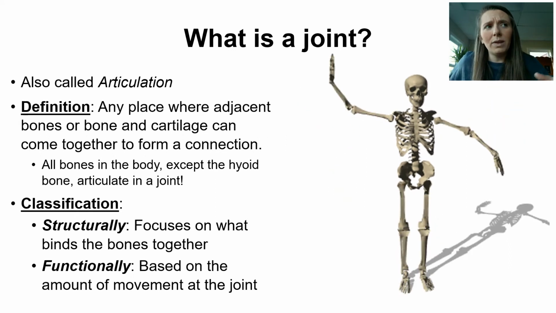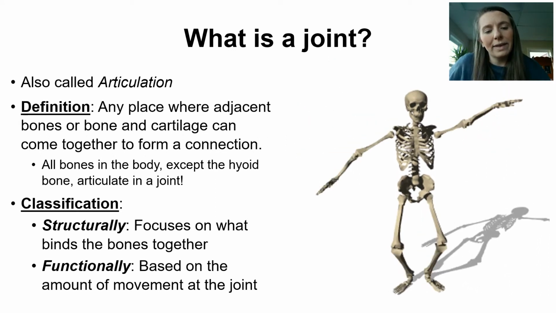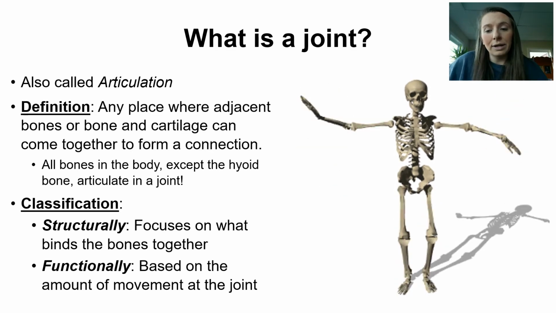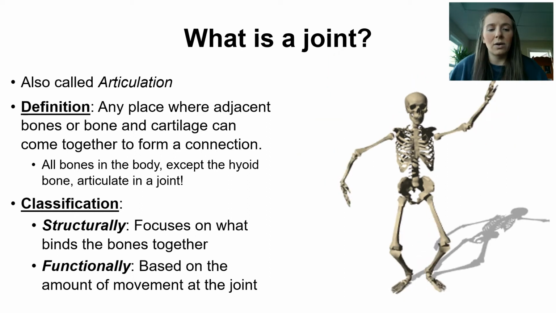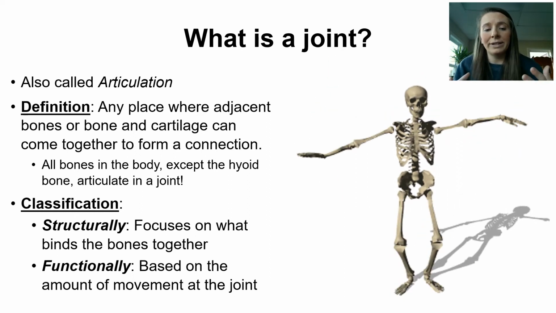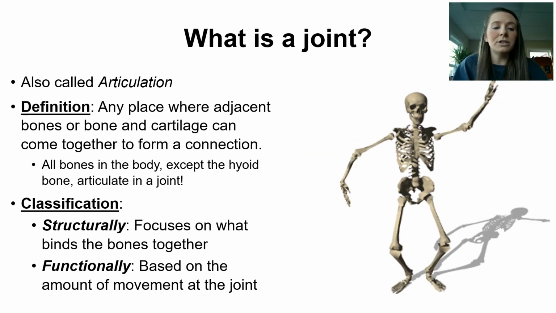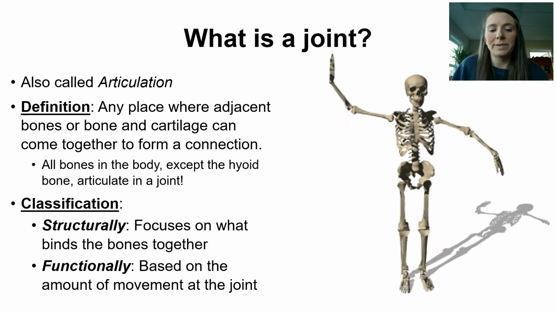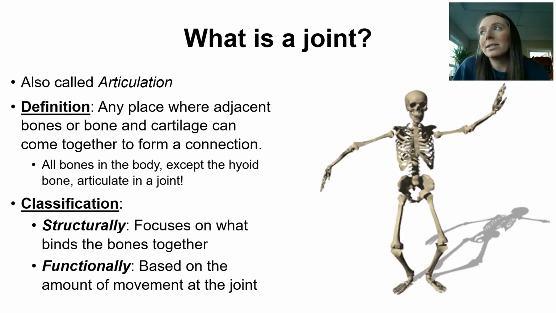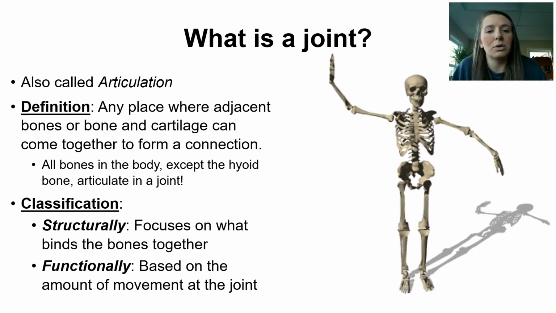And the way that we classify joints or talk about them is either structural. So structural classification basically focuses on what is the material that's binding the two bones together. And then the functional classification is what can this joint do in terms of movement. And some joints can move a lot and some don't really move at all.